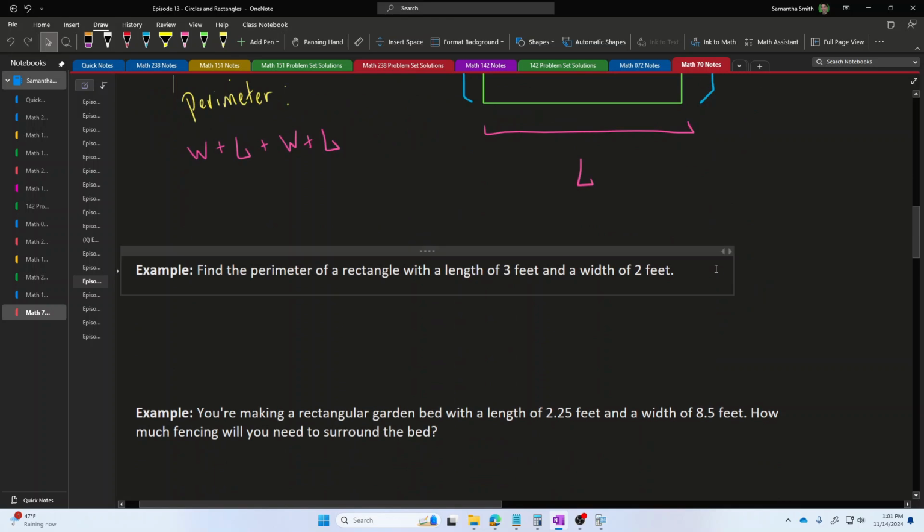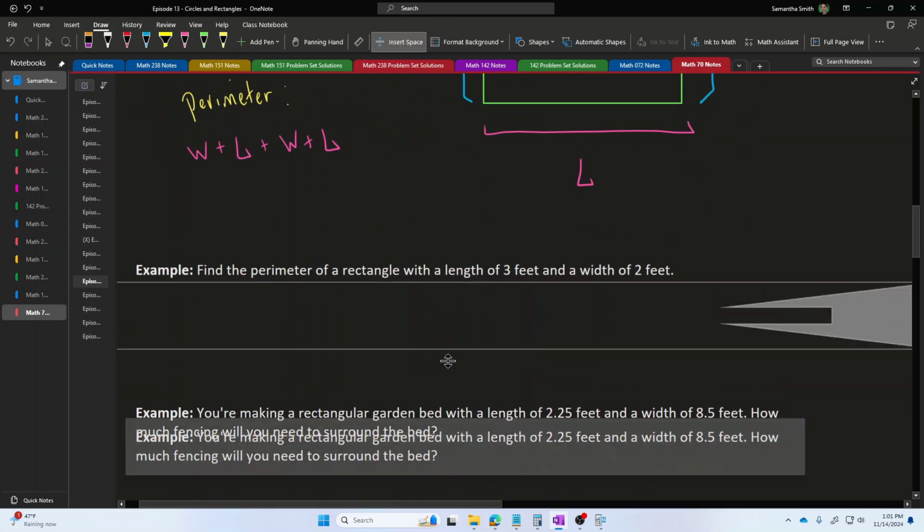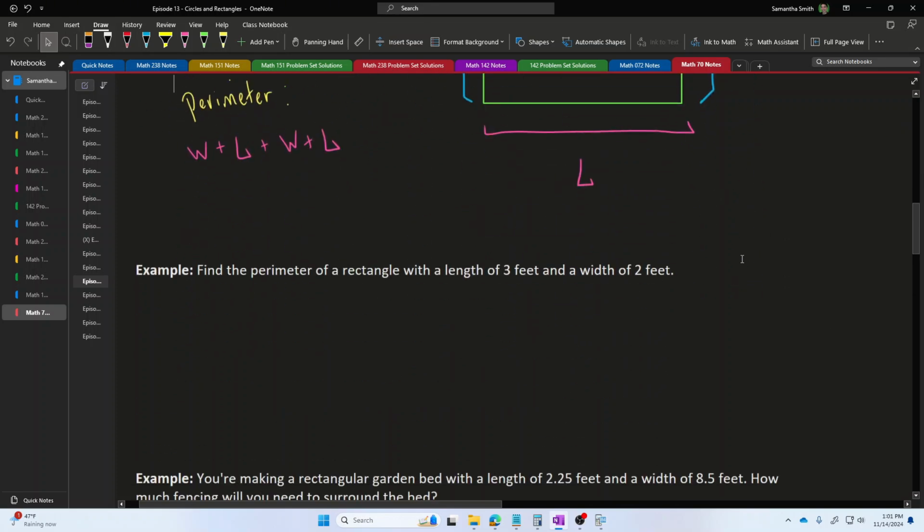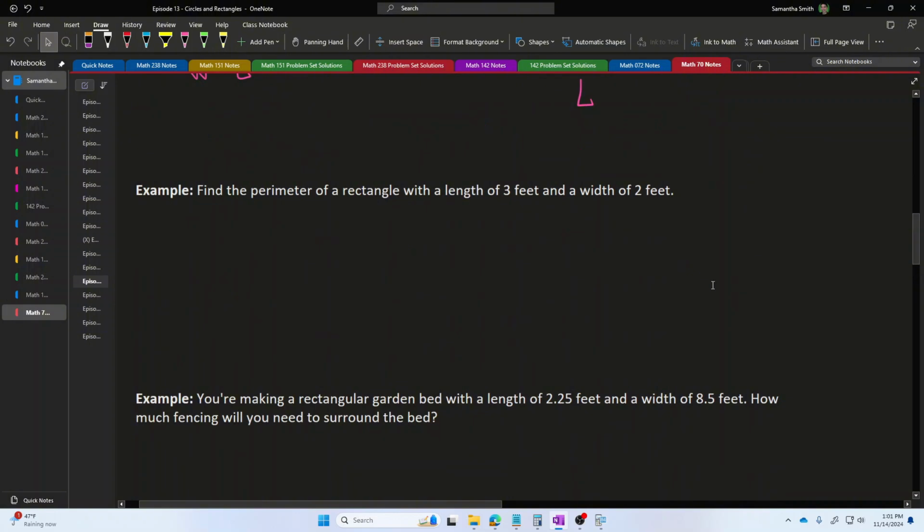So if, for example, someone told me, I'm thinking of a rectangle that has a length of 3 feet and a width of 2 feet, what would be the perimeter of a rectangle like that one? To find the perimeter of a rectangle with these measurements, all I have to do is go around the rectangle and find the total length of all the sides.